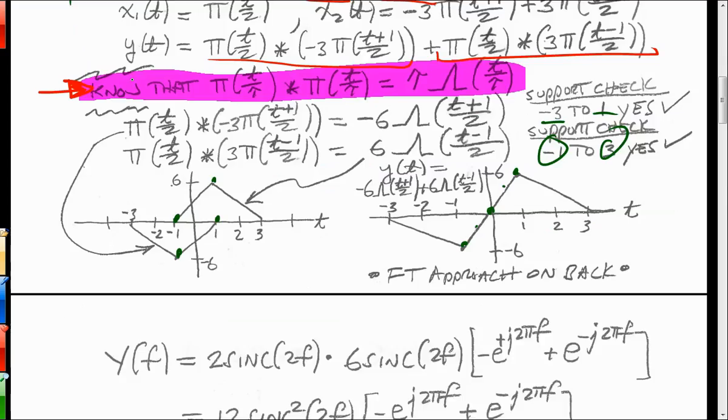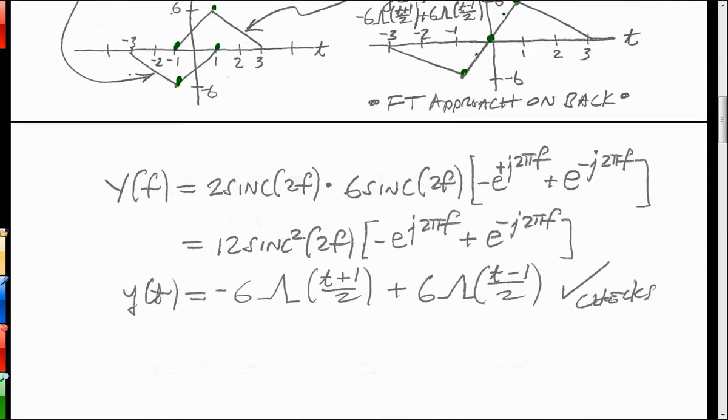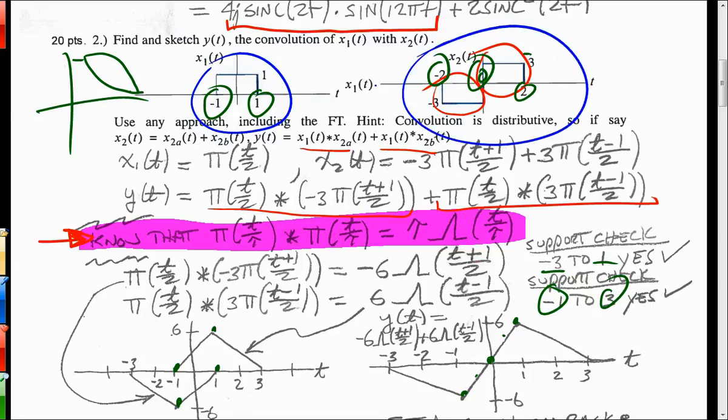But there is yet another way to do it, and the pure Fourier transform method would say we can do this in the frequency domain. So if we work it in the frequency domain, you're going to be finding the Fourier transform of that multiplied times the Fourier transform of that.